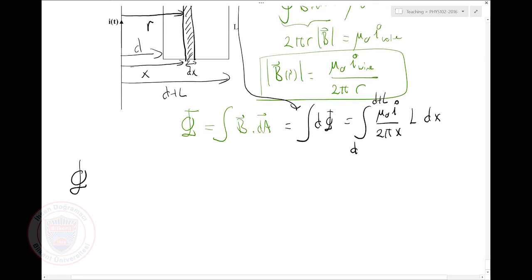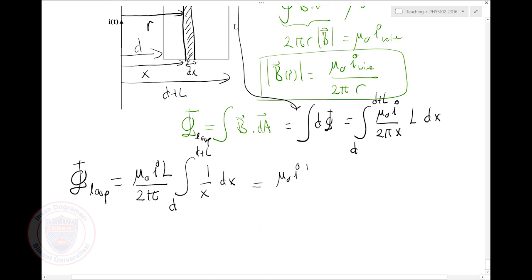So apparently the flux through the loop is, taking the constants out, mu 0 I L over 2 pi times the integral of 1 over x from D to D plus L dx. What's the integral of 1 over x? ln. Great, natural logarithm. Mu 0 I L over 2 pi, ln of D plus L minus ln D, which I'll just write as ln A minus ln B is ln A over B. So that's how I'm going to write this.